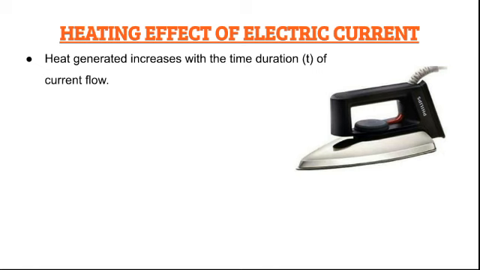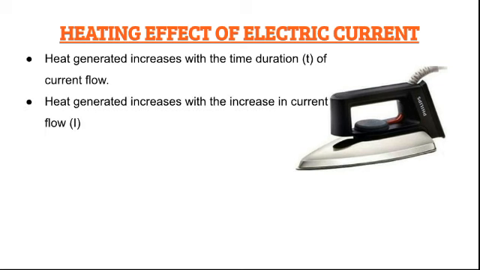Will the heat generated be greater when the line voltage is low? No. Heat generated will be greater when the line voltage is high, or it would take more time to get heated up if the line voltage is low.